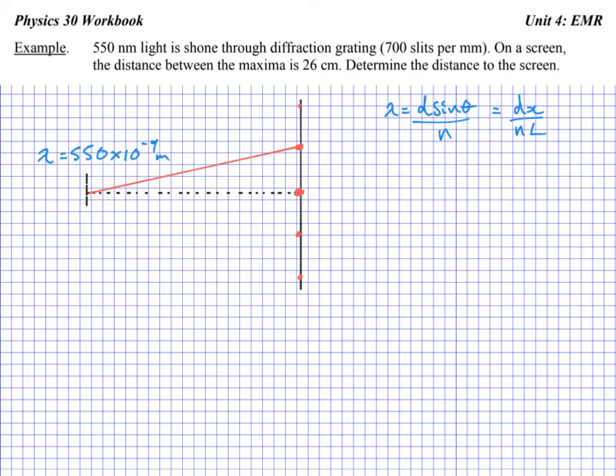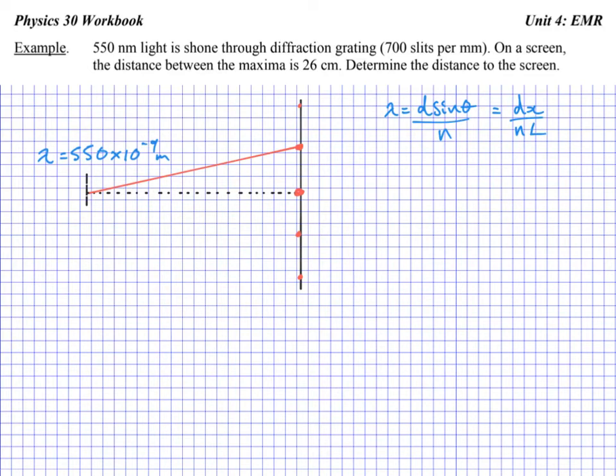We'll address that in just a second, but let's look at the d value. This d value appears in both of these equations. The d value is the distance between the slits. In this question, we're told 700 slits per millimeter. This is done notoriously badly. A lot of people will just put this 700 in thinking that's the number for d, but it's not.